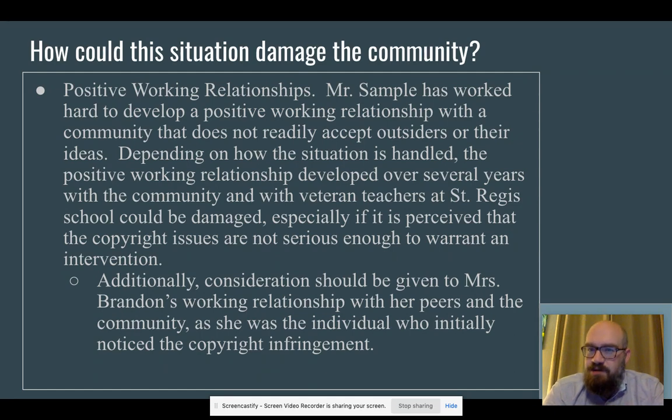Depending on how the situation is handled, the positive working relationship could be demolished, especially if the underlying issue of copyright infringement is not viewed as a serious one. And then additionally, we also need to consider specifically Mrs. Brandon and her working relationship with her colleagues, just because she was the one who initially identified this area of need.